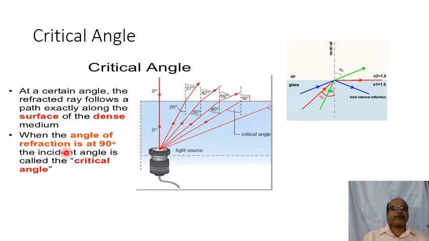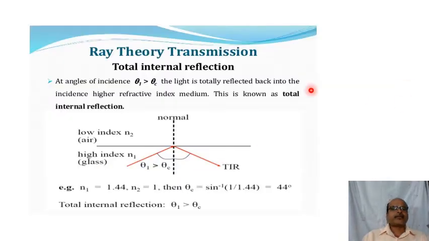When the angle of refraction is 90 degrees, the incident angle is called the critical angle, and the refracted ray emerges parallel to the boundary between the two surfaces.